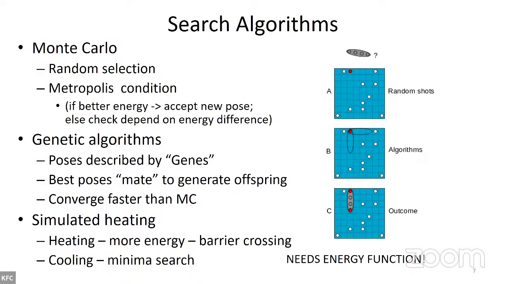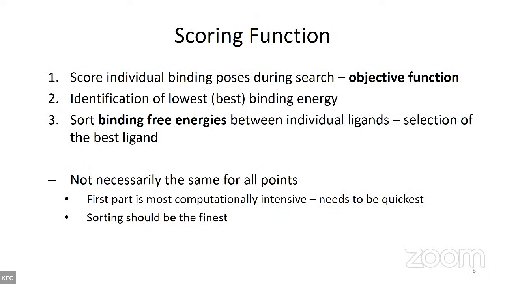And the docking software is basically taking these energies and trying to find out the best ones. And for that, it needs to have some kind of a scoring function. And it's not necessary that the same scoring function is used for everything. It can be just some scoring function which is cheaper, used for a first search.